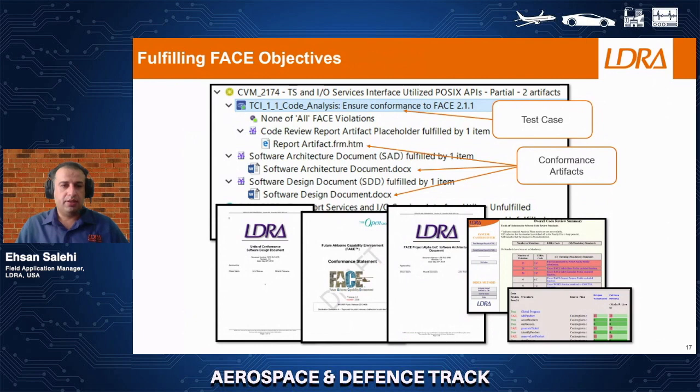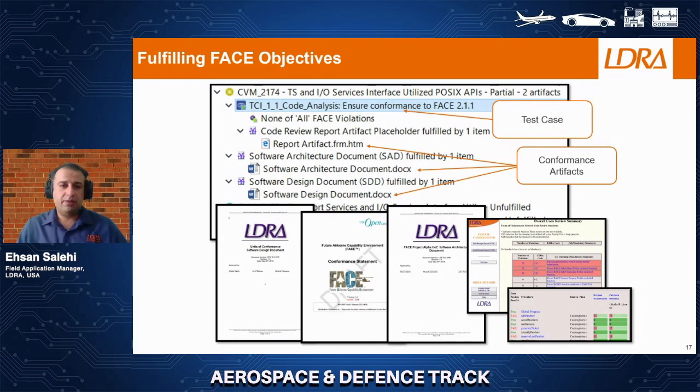Here is a snapshot. For example, CVM 2174, which is the TS and iOS service interface, utilizes POSIX APIs. This one is marked as partial because in the CVM, the user needs to provide a fully tested requirement, which needs a software test procedure, software test result, and also the software requirement specification for the specific requirement.